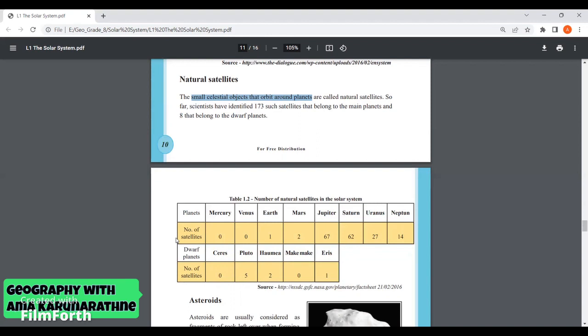When we go out and look into the night sky, obviously we can see one moon, because Earth has only one moon. But just imagine you are on Jupiter. If you go out at night and look into the night sky, you may see 6 to 7 or more moons in Jupiter's night sky.